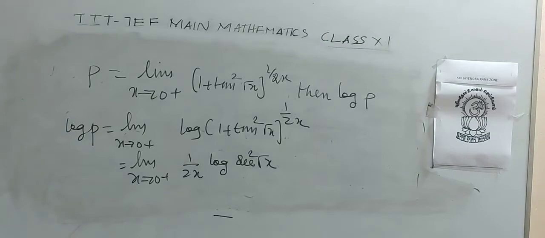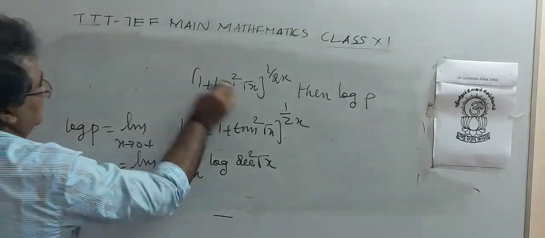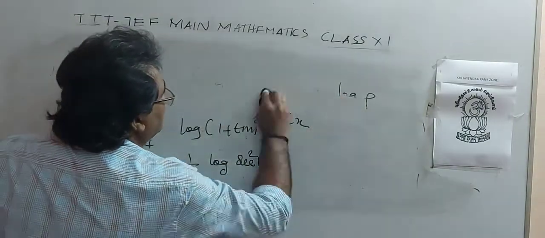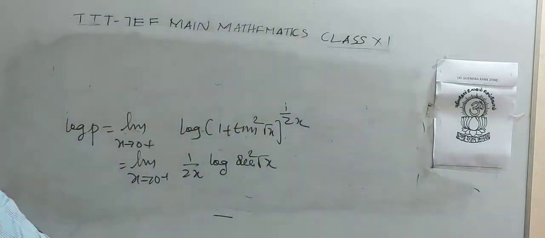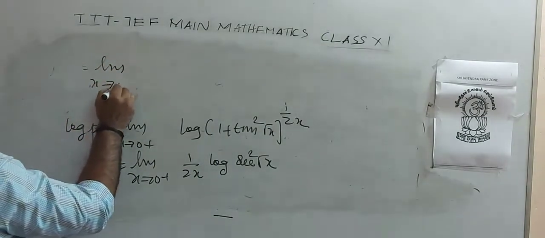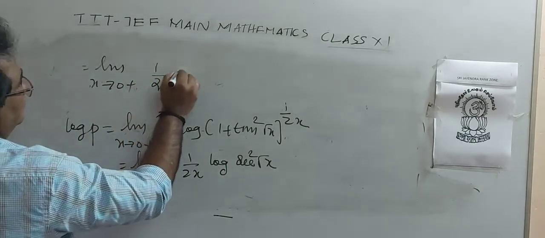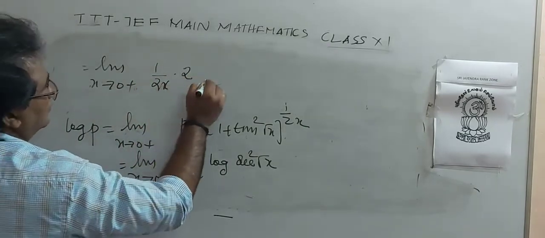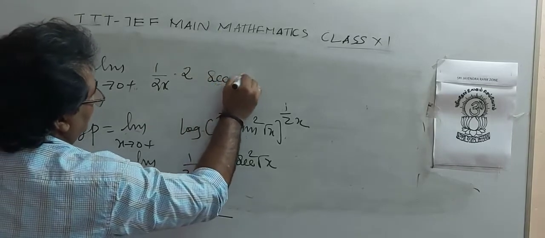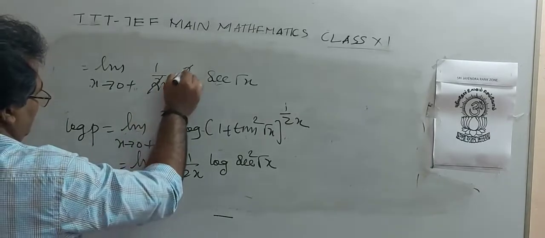The derivative of tan root x is secant squared root x.